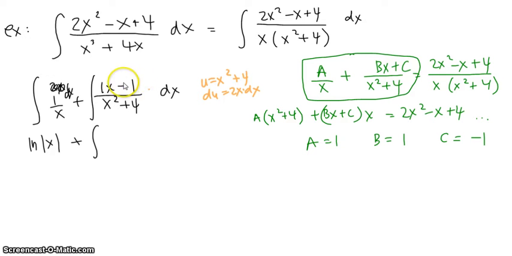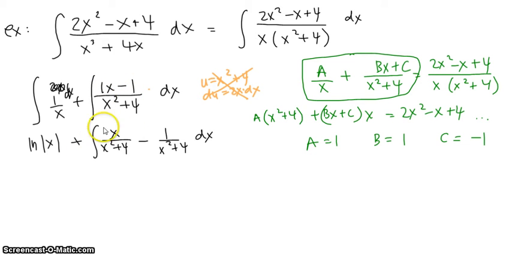This is always multiplicative. No, so u sub here will not work. Okay? So what you can try to do here, however, is split it up into x over x squared plus 4 minus 1 over x squared plus 4. I just split up this fraction into 2.